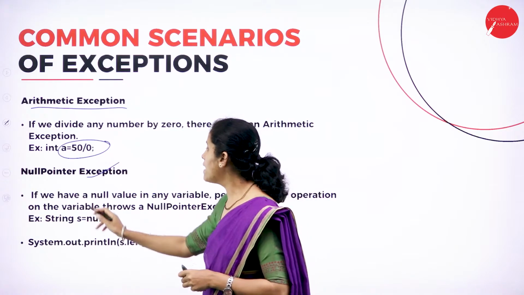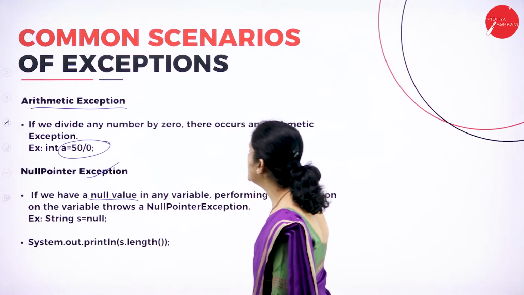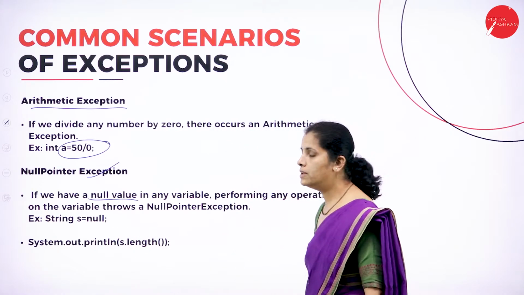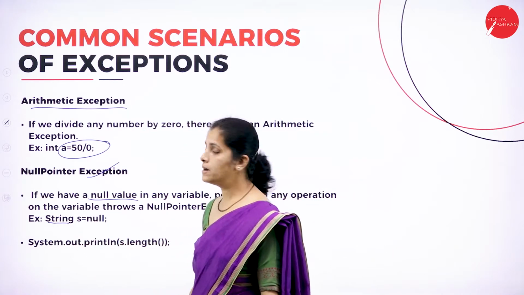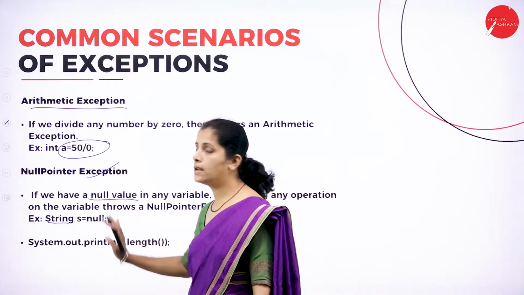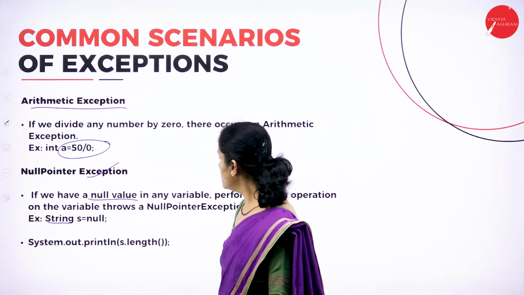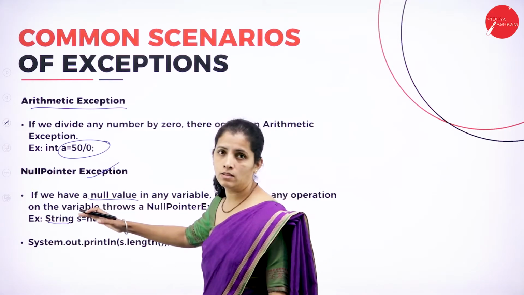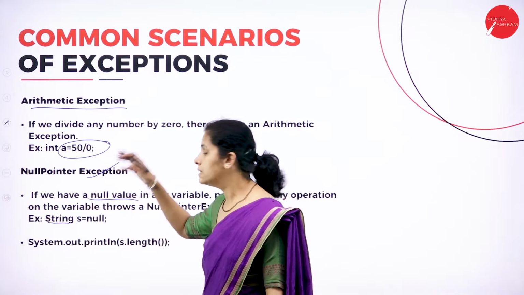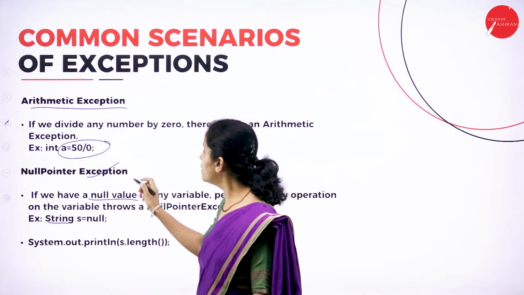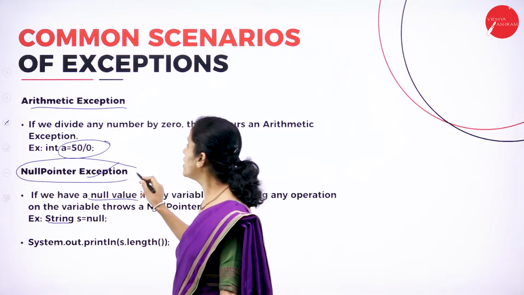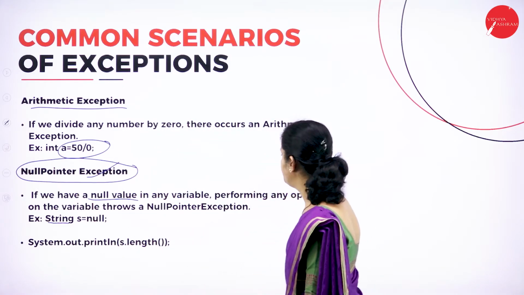If we have a null value in any variable, for example, see here, I'm going to use the variable and assign the value null, and if I try to get the length of that variable, then it leads to an error. Now what kind of error? That is null pointer exception.